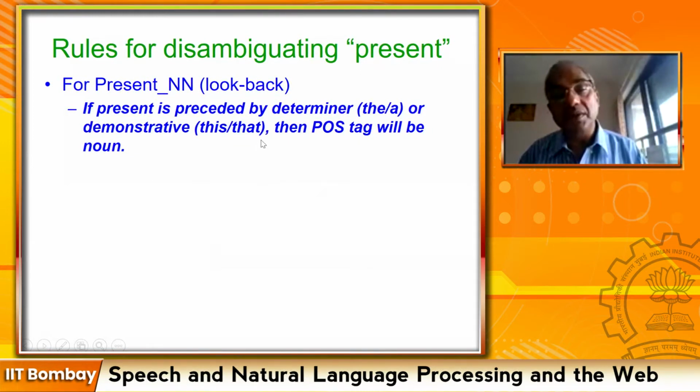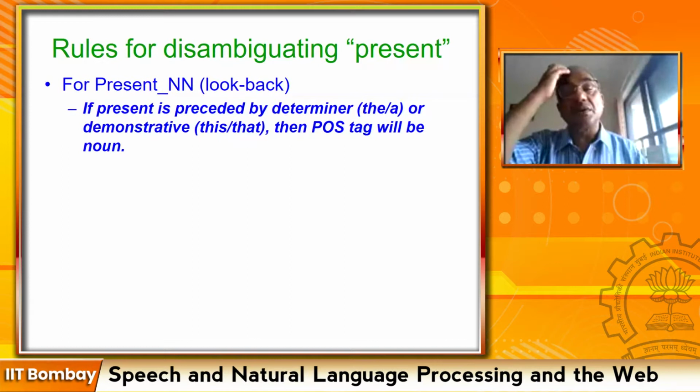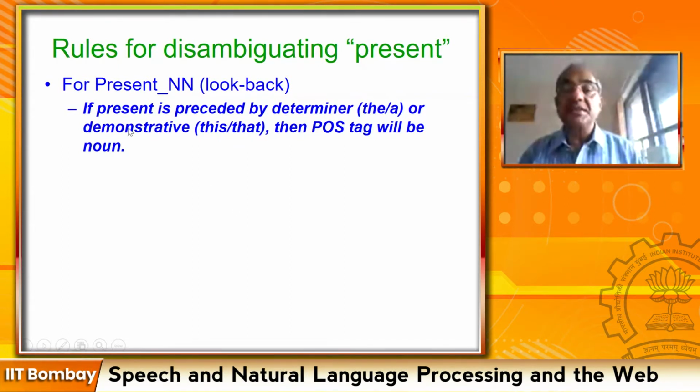Recall is more important for some applications, precision is important for a different set of applications, but high precision, high recall is always required. So this rule, if present is preceded by a determiner or demonstrative, then the part of speech tag will be noun. Does it have 100% recall?